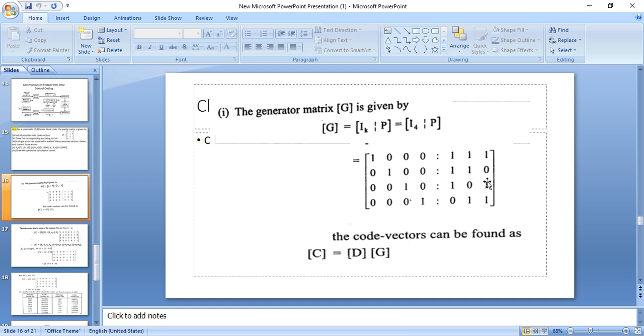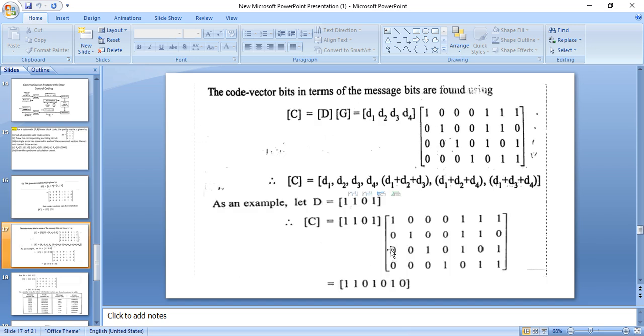The next step, we need to find out the code vector from the channel encoder. The code vector can be found as C is equal to D into G, matrix multiplication. So the code vector bits in terms of message bits are found using D into G. So D, the 4 bits are taken because the input message is 4 bits in size, D1, D2, D3, D4, and G represents whatever we have written, I_k followed by P. So this is the generator matrix.